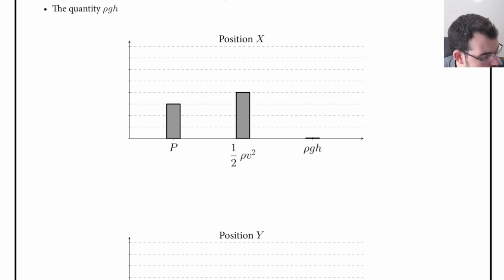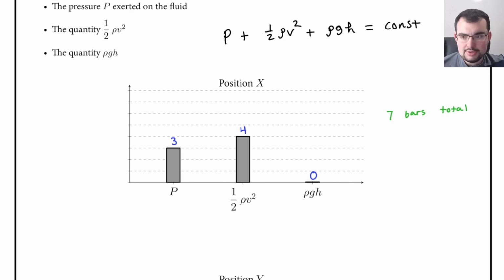So if we look at our bars here, our pressure, we have 3 bars. Our kinetic term, we have 4 bars. And our gravitational term, we have 0. So that would be a sum of 7 bars total. And now we have to figure out how to actually split this.